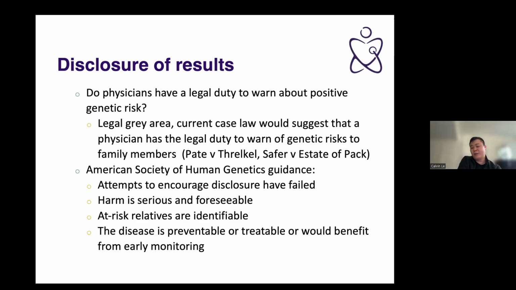Attempts to encourage disclosure from the patient have failed. The genetic harm itself is serious and foreseeable. The individuals who are at risk are readily identifiable. And finally, the disease process is preventable, treatable, or would benefit from early monitoring.